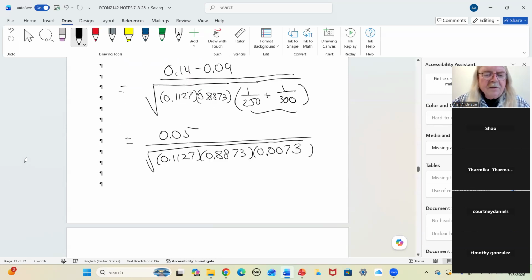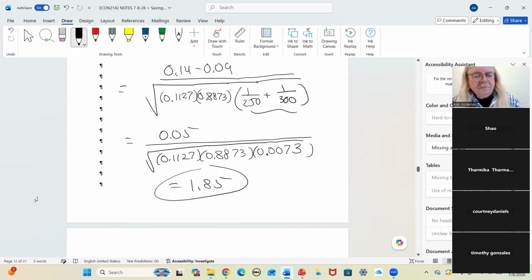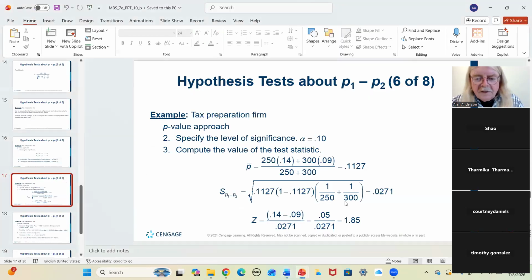All right, I think this will be a little bit more manageable. So I've got 1.85 as the statistic. I always breathe a sigh of relief when you solve for a messy expression.